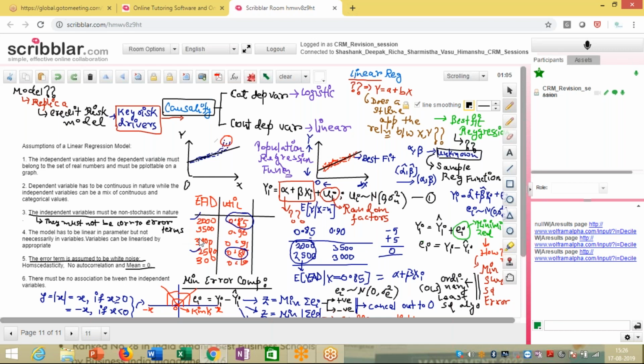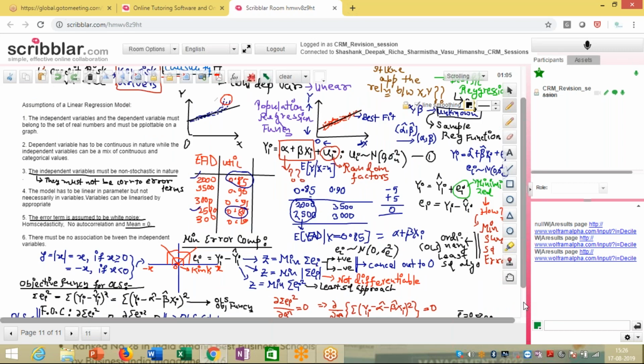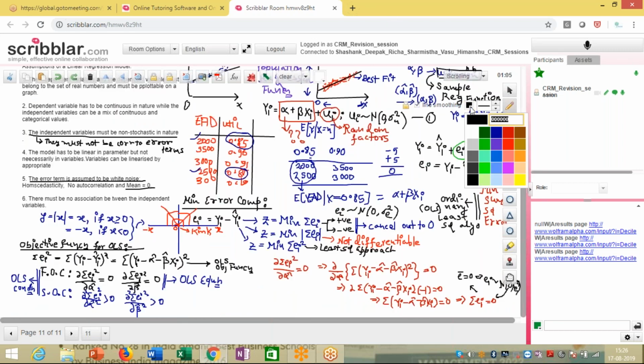Now the next question that comes out here is, let's look at the second OLS equation. It is the derivative of summation ei square with respect to beta hat.